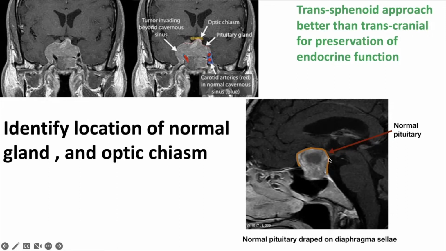And in most cases it is draped over the diaphragmatic sella. So there is a thin rim of normal tissue usually present on the diaphragmatic sella, and therefore the trans-sphenoid approach is better because when you go transcranially, you first come across the normal pituitary gland.